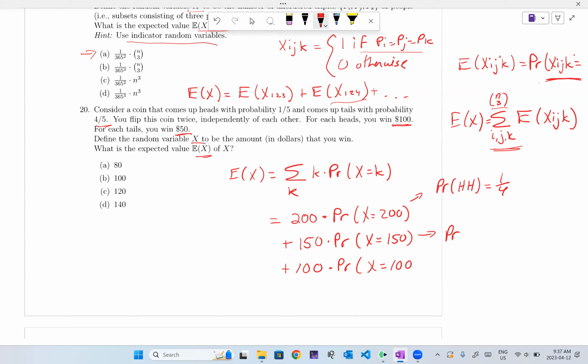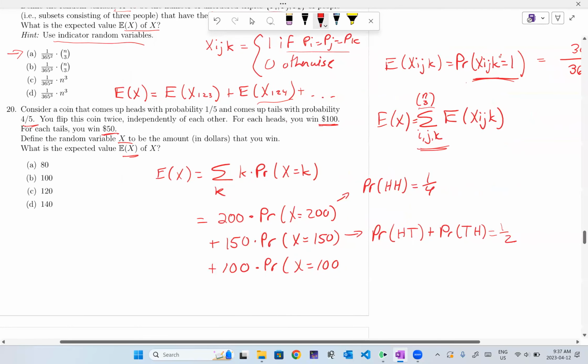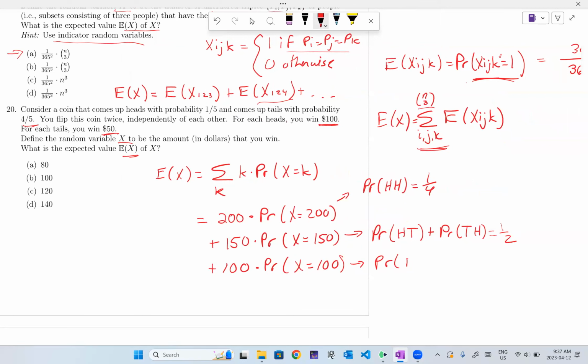This is the probability of, well, I get heads tails, which gives me 150, or tails heads, which is 1/4 plus 1/4, which is 1/2. And this is the probability that I get tails, which is 1/4.